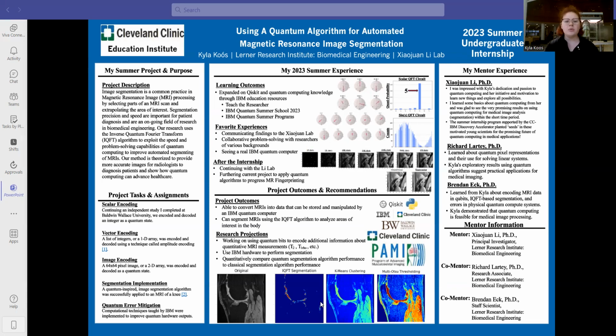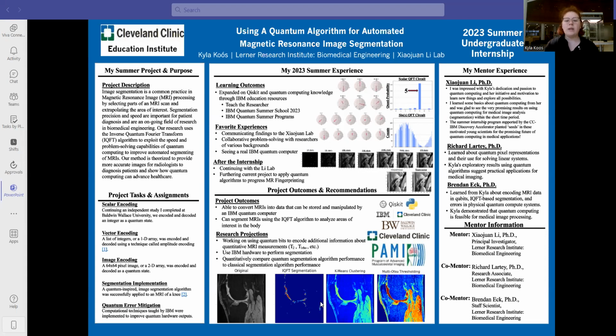And then we want to quantitatively compare quantum segmentation algorithm performance to the classical performance. So below we have the inverse quantum Fourier transform segmentation, which is quantum inspired, but we also have alongside the k-means clustering and O2 thresholding, which are pretty common segmentation algorithms, but they are purely classical.